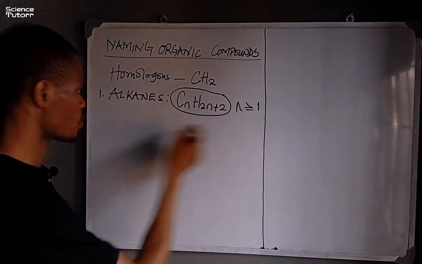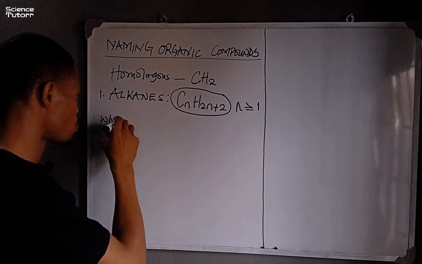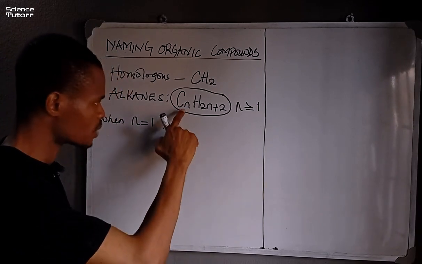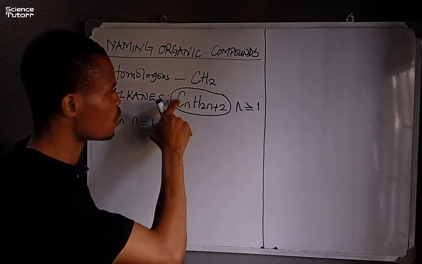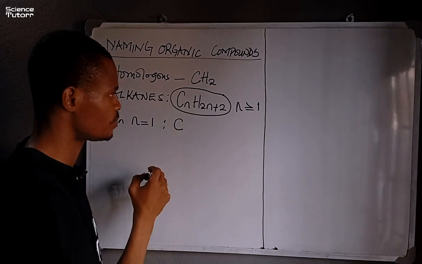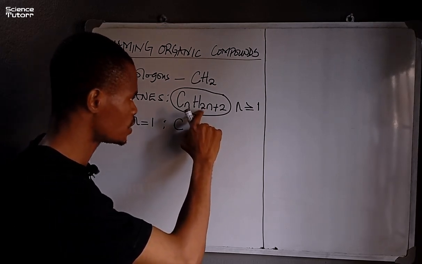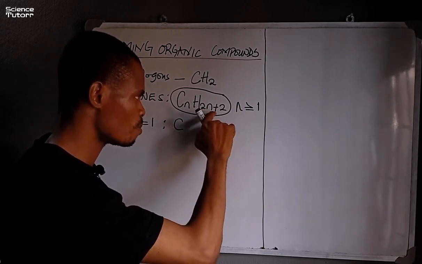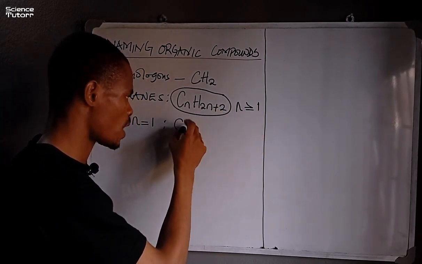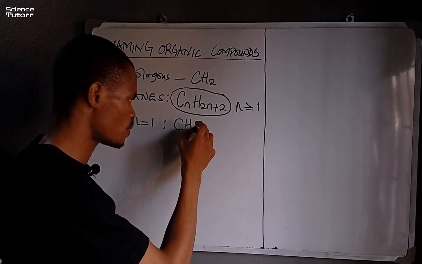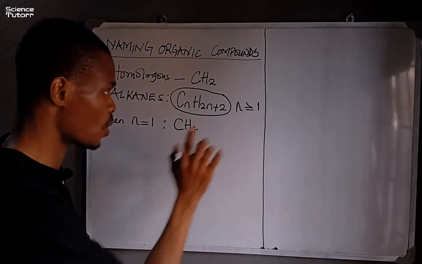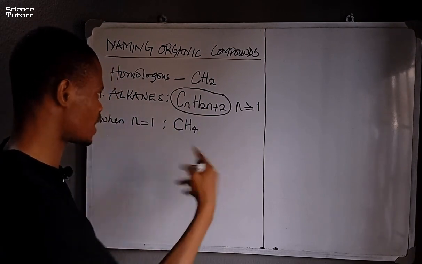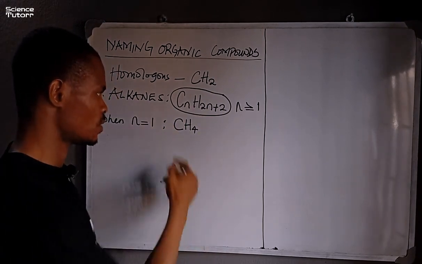When n is equal to 1, I have C1, H 2 times 1 plus 2, which makes 4. So I have CH4. A good understanding of the formula helps me generate the compounds that belong to the alkane series.